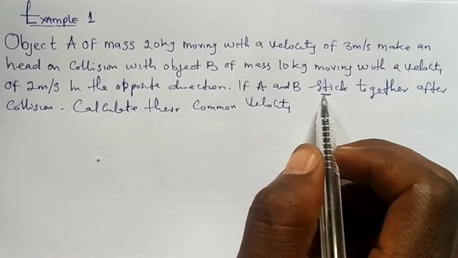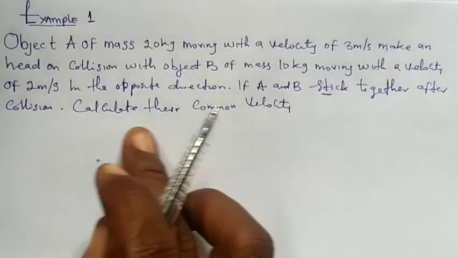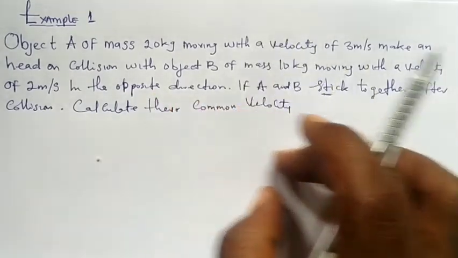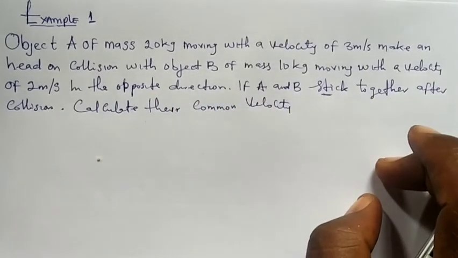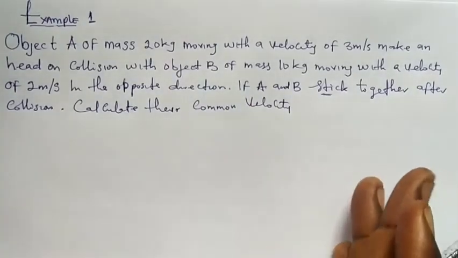So it shows that it is an inelastic collision, because when the bodies stick together after collision and move with a common velocity, it is said to be an inelastic collision. There is no rebound, right?